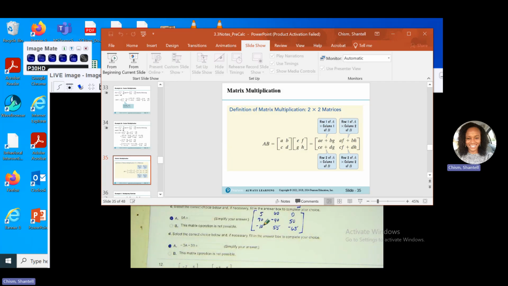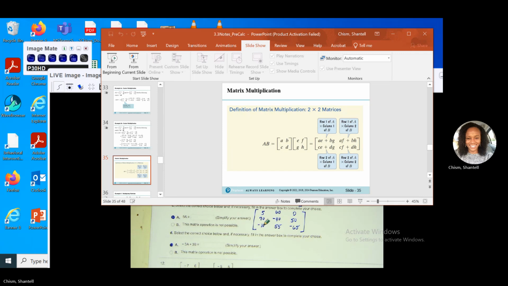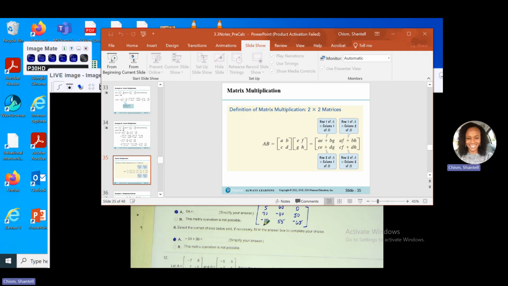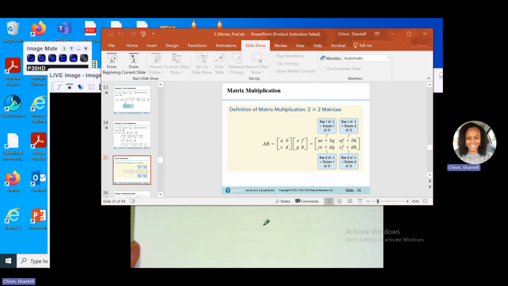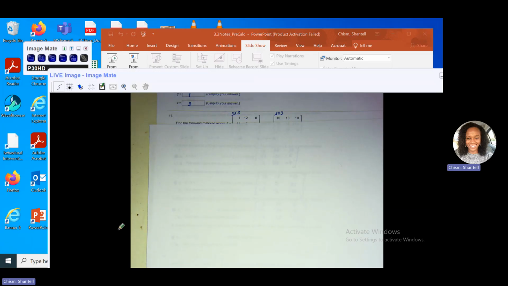So let's suppose we're trying to multiply matrices, and we have this 2 by 2 that's on my screen right now. I'm going to kind of move it out of the way here, and I'm going to just write it down.